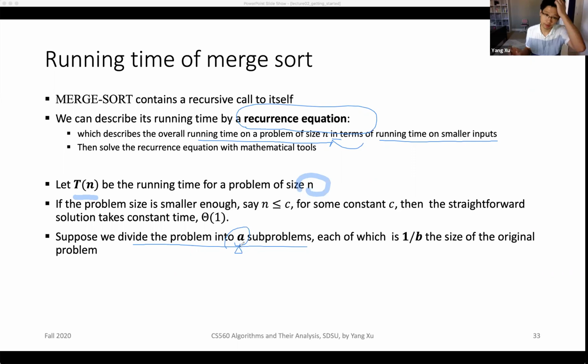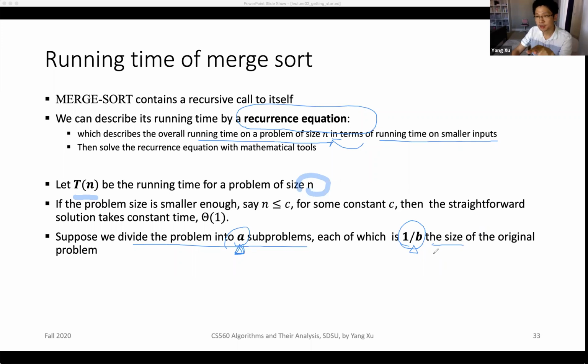We can divide into 3 or 4 or more, so we use a for general purposes. The size of the smaller problems could also vary. In the most general case, we can assume that the size of the subproblem is 1/b the size of the original problem.